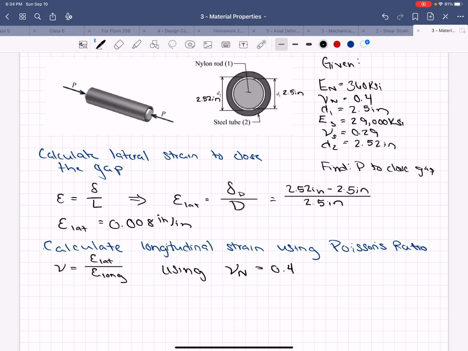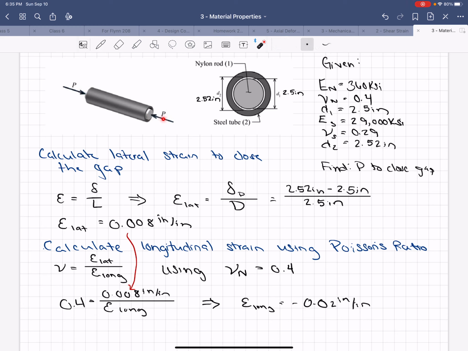So 0.4 equals the lateral strain, 0.008 inches per inch, all divided by the longitudinal strain, and we get a longitudinal strain equal to negative, well, we knew it was, 0.02 inches per inch.